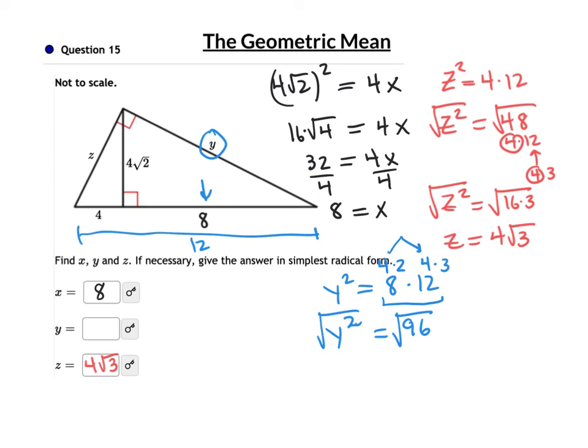And hey, those two 4s, 4 times 4 is 16. I'm betting 16 divides into 96. In fact, it ought to be 16 times 6 because 2 times 3 is 6. Let's check. 96 divided by 16, look at that, it's 6. Here's 16. It is 4, and 4 with root 6 is my answer for y.